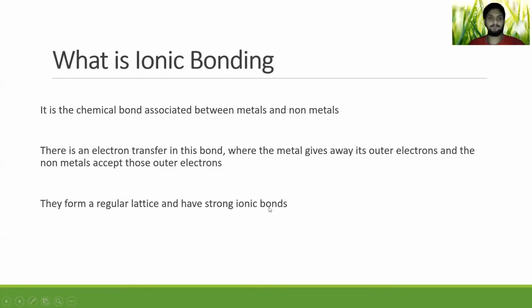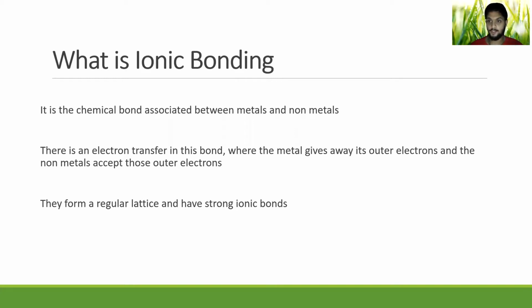So first, what is ionic bonding? We know the concept of a bond: two substances being bonded. Ionic is the new word. Ionic means this is a bond that is found between metals and non-metals.